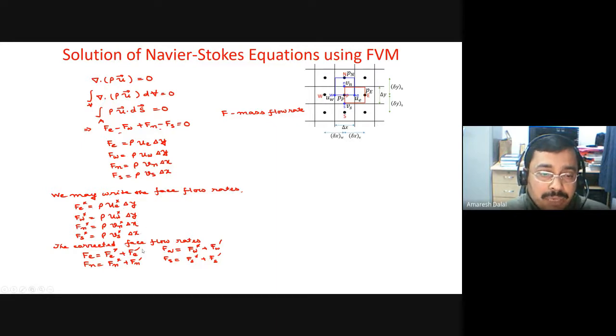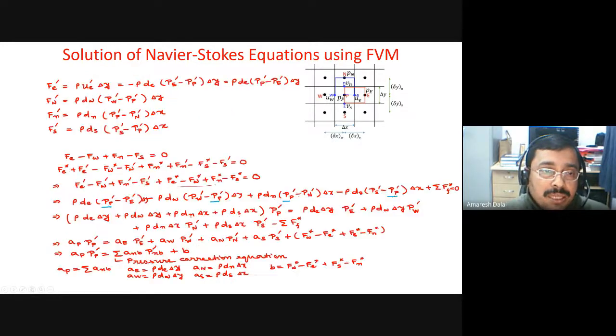So with that we can write these corrected face flow rates, and if we put them in this equation, then we will get Fe prime, Fw prime, Fn prime, Fs prime like this. And if you put it here, we'll get the equation for pressure correction. So you can write Ap Pp prime is equal to summation of Anb Pnb prime plus b, where b is nothing but the minus of the net outflow of the mass flow rate from the cell. So this is known as the pressure correction equation.